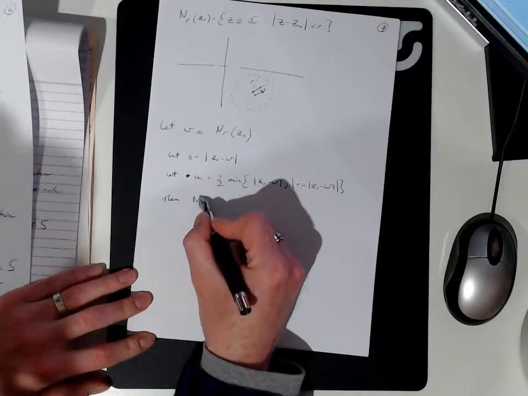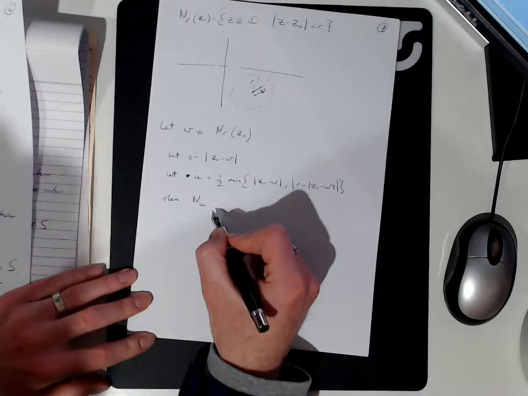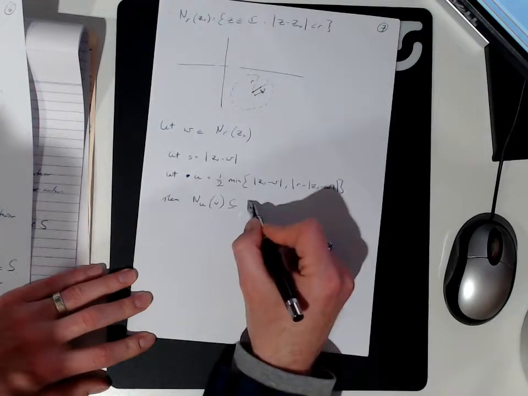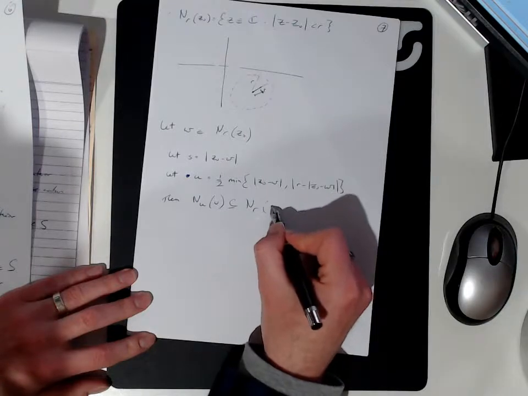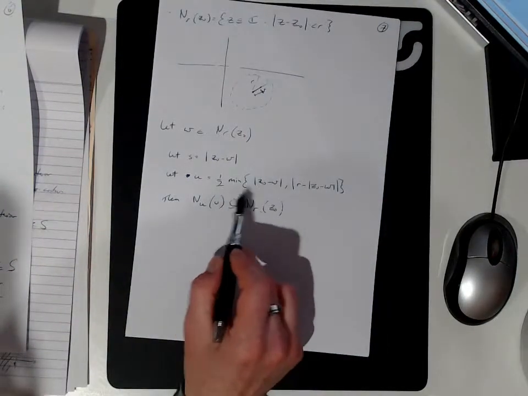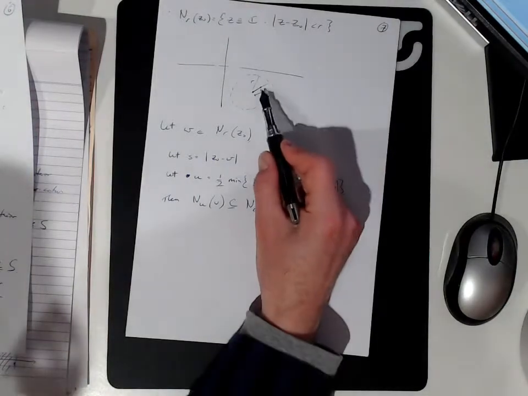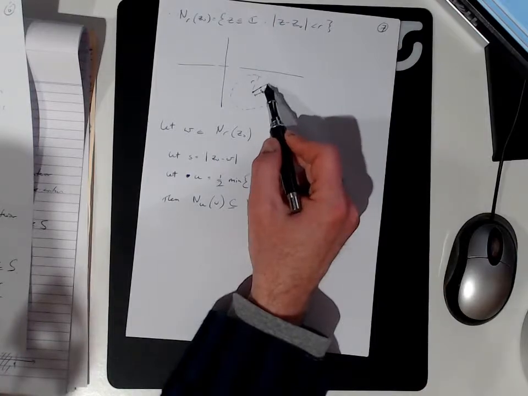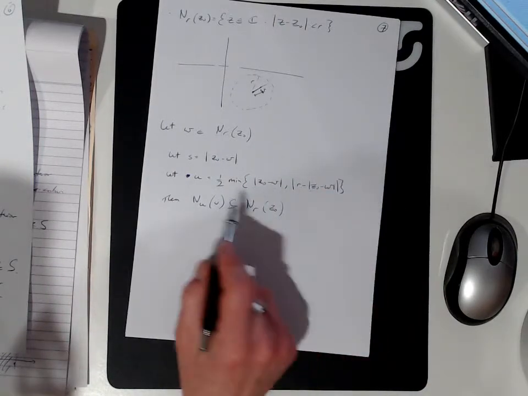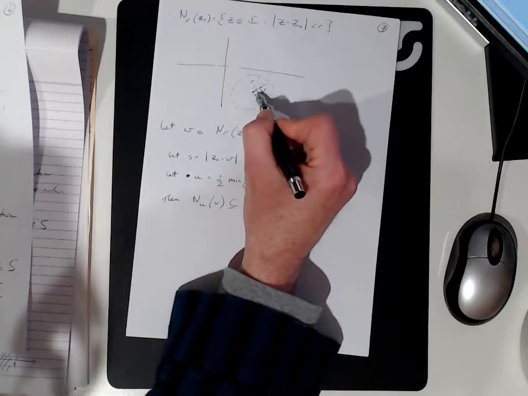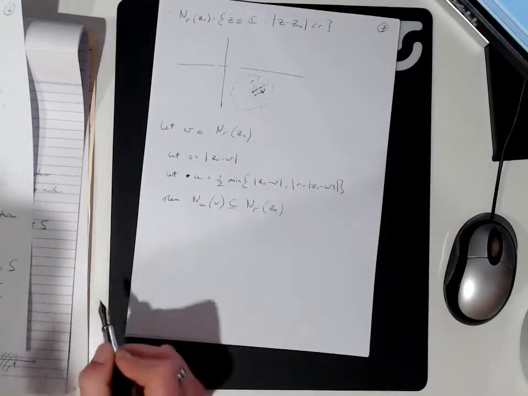Then the neighborhood of radius u about w is contained in the neighborhood of radius r about z0. Right? Because this distance is the distance between w and the center, and this distance is the distance from w to the edge, and 1/2 of that means that whatever the minimum is will fit inside.